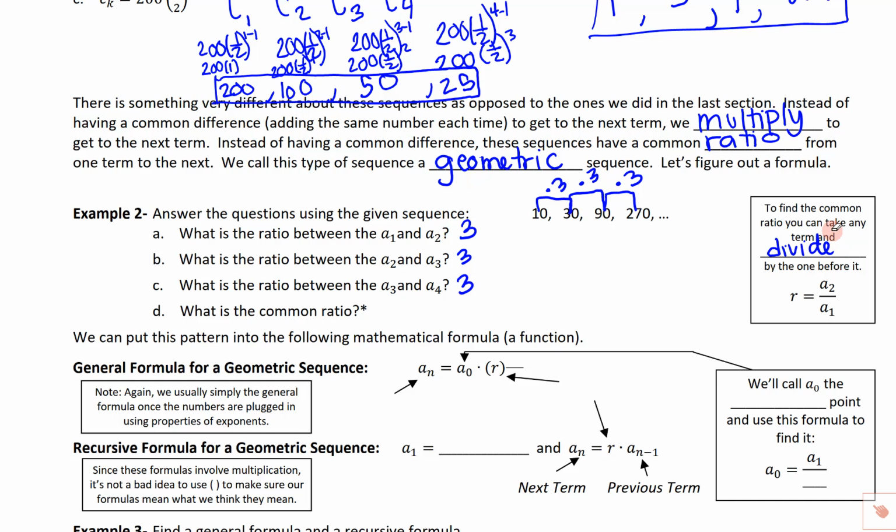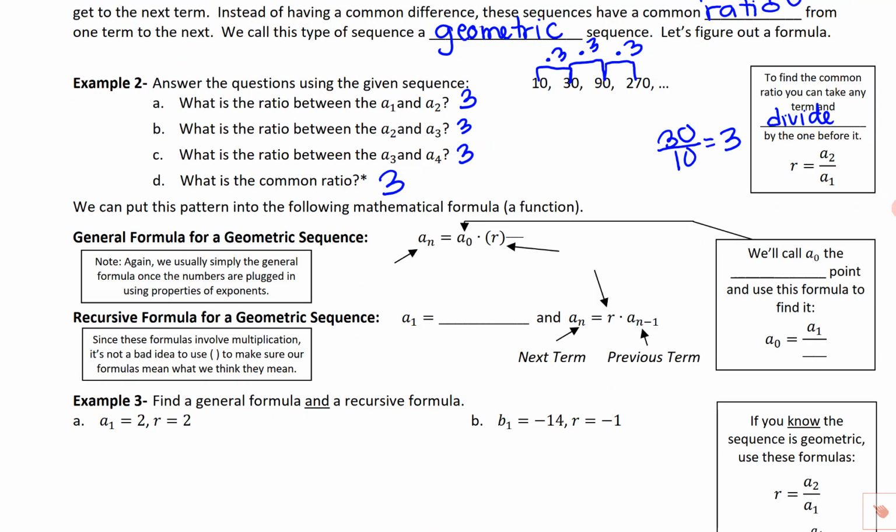So for example, I could take the second term, which is 30, and divide it by the first term. And if you do that, a good thing to do is just test it out and see if it works. Oh, 10 times 3 is 30. Yes, that works. So take the second term, and the opposite of multiply is divide, so we divide it by 10 and we get 3. Okay, so in this case, our common ratio is 3.